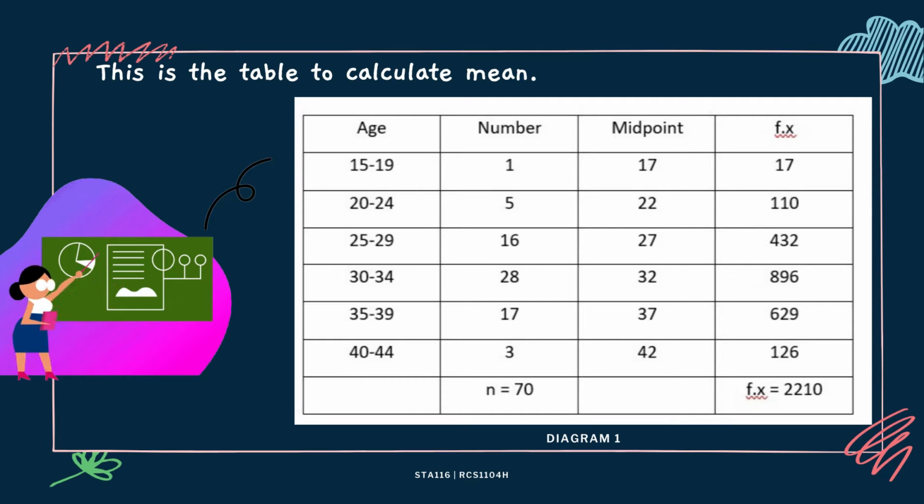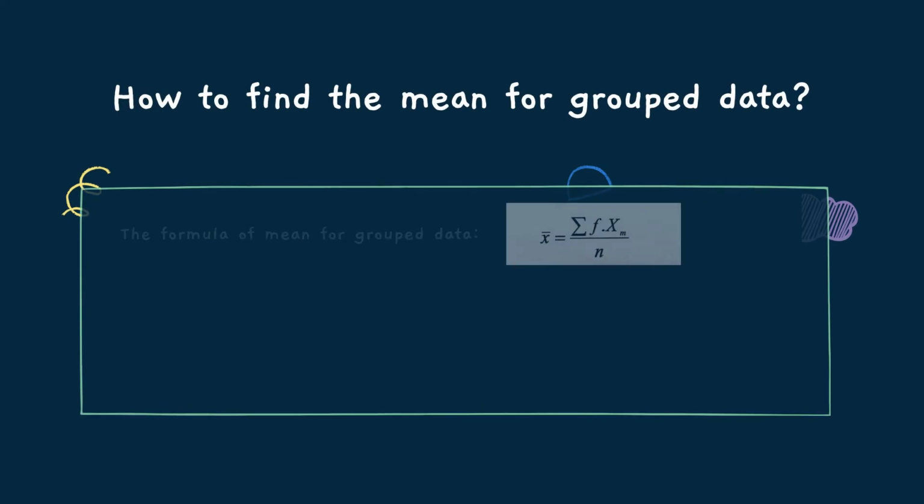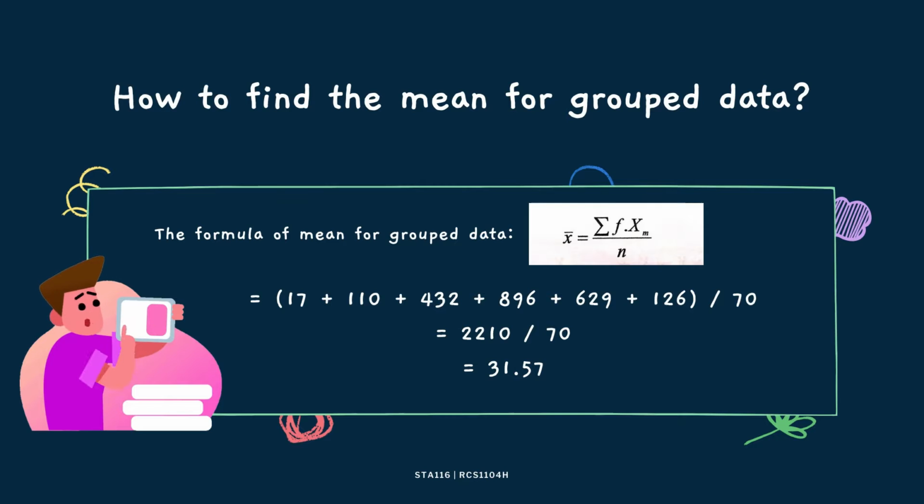So you get it like this. After that, we put it into the formula, which is the sum of the products, frequency multiplied by the midpoint, divided by n. So the answer is 31.57 for the mean.